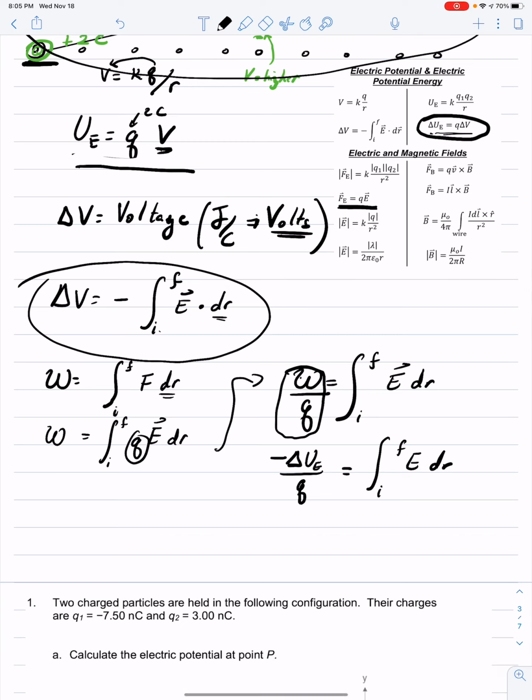If we change this value to this one, now we have change in V, Q on the bottom, they cancel out, and we bring the negative to the other side, we have negative integral of E, or electric field, times the infinitesimal distance r.